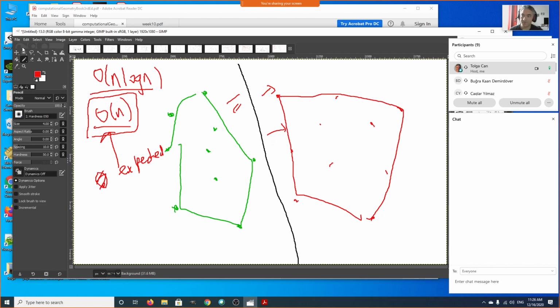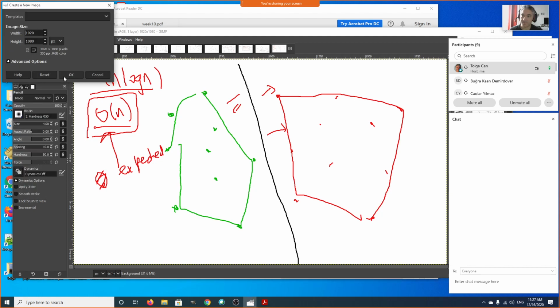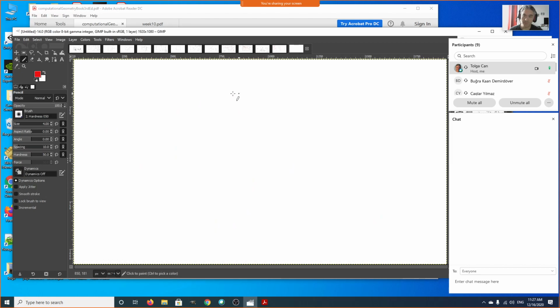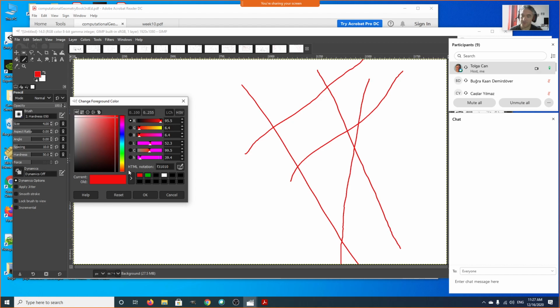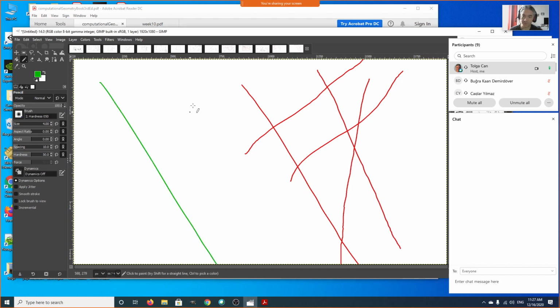But what we can do is this. All those green points or red points in the dual space will become lines, right? I will have green lines and red lines in the dual space.